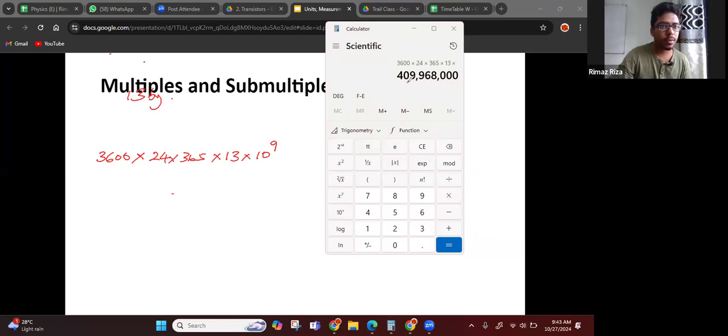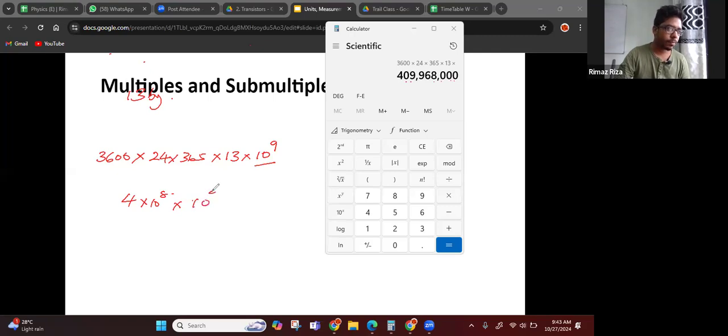So what we get is about 4 multiplied by 8 into another 10 to the power 9.